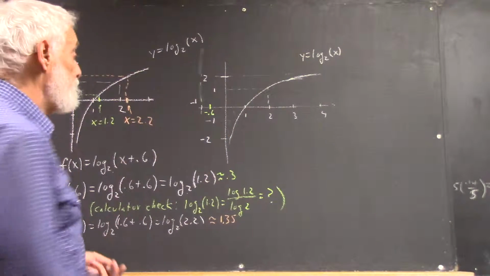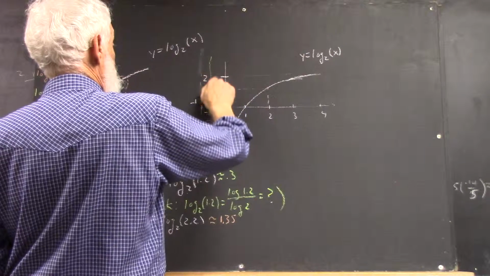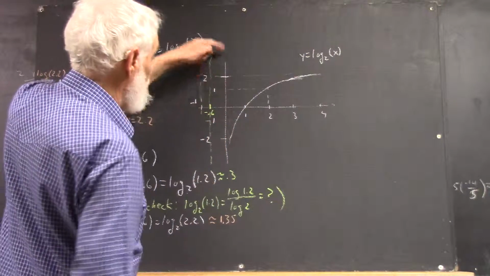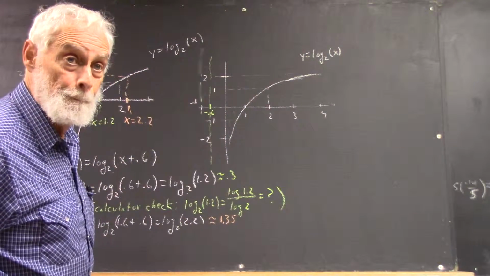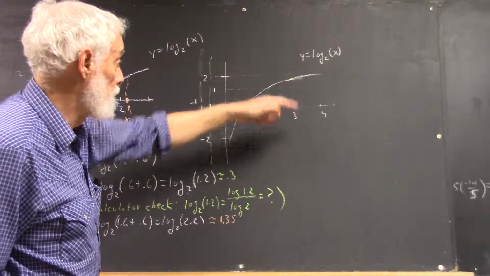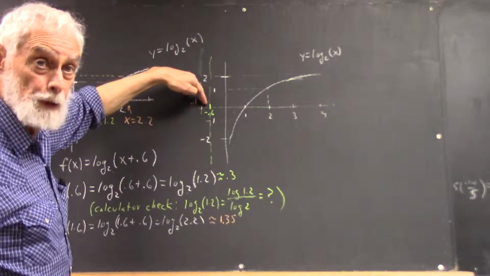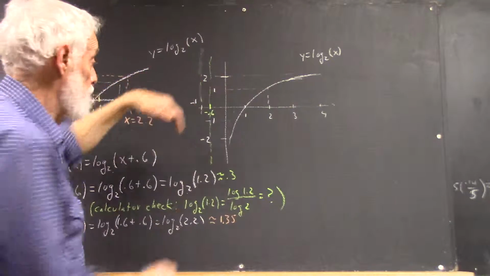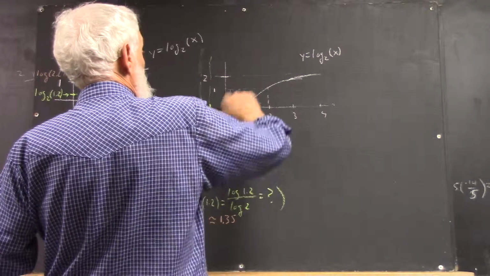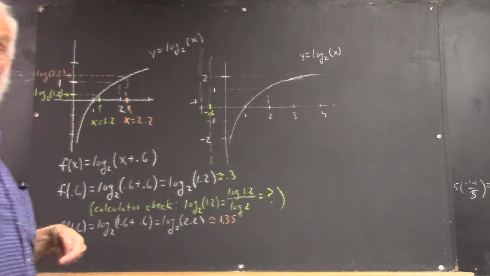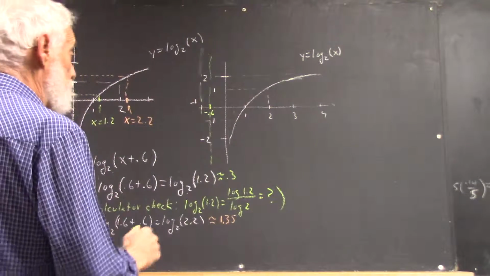Okay? That's where my asymptote would be, because I've got the vertical asymptote at x equals 0 for this function. When I shift to the left, the asymptote's going to shift over to -0.6, so the graph is going to come up kind of like this. Okay?